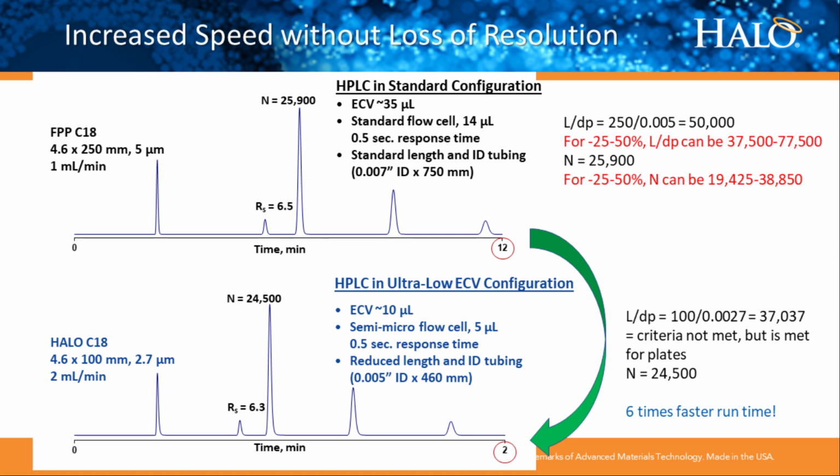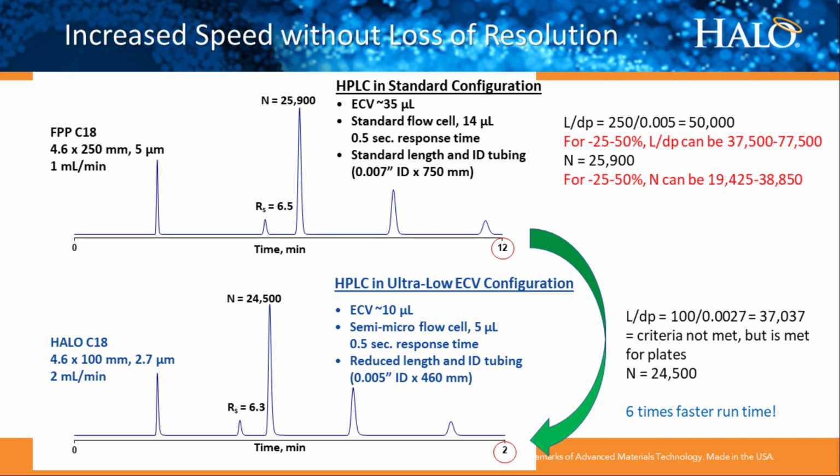We used a 5 microliter semi-micro flow cell with a half-second response time, and we've reduced the length and ID of the tubing. So in terms of the overall runtime, it's now 6 times faster. We're seeing a 2-minute runtime with similar plates.